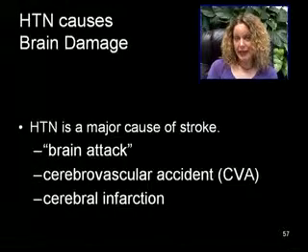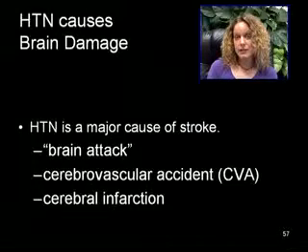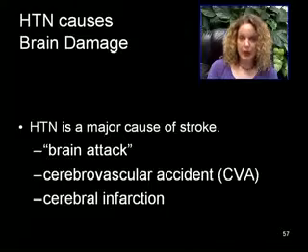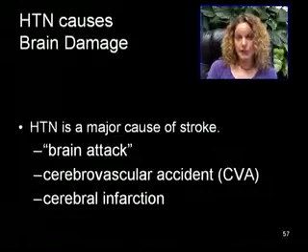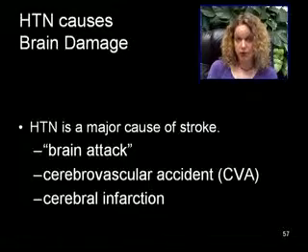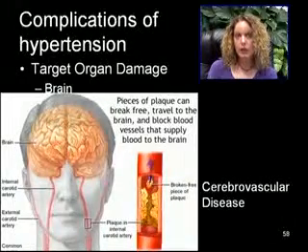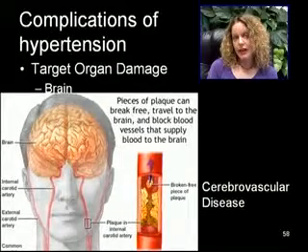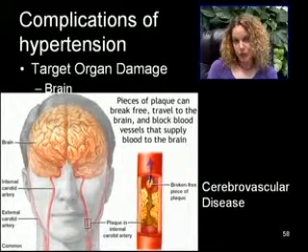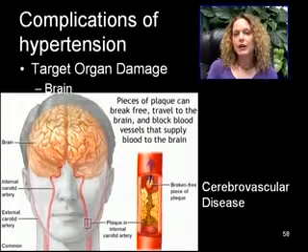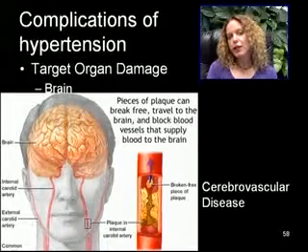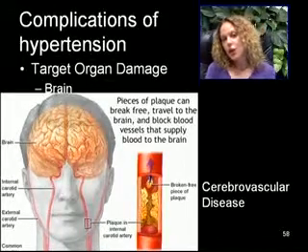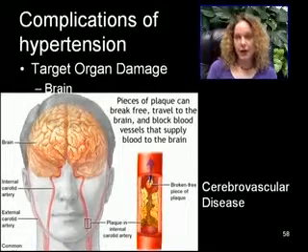Hypertension causes brain damage. Hypertension is a major cause of stroke. It's also referred to as brain attack or cerebrovascular accident. We could also call it cerebral infarction. Complications of hypertension, again, can cause brain damage. So in this picture, what we see is some plaque that has formed in the internal carotid artery.